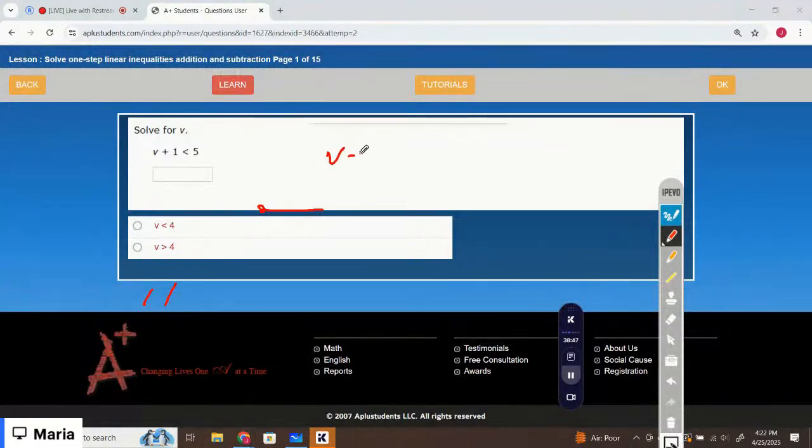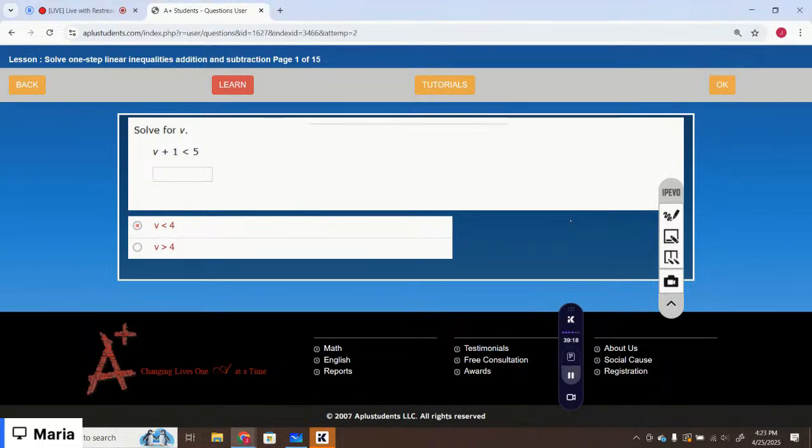So just do the reverse operation and subtract 1 from both sides. 1 minus 1 is 0. b is less than 4. That is, b is less than 4. Option number 1 is the correct option.